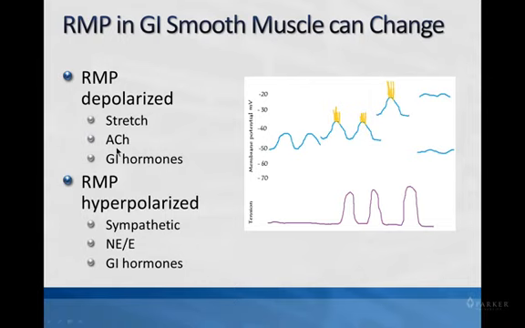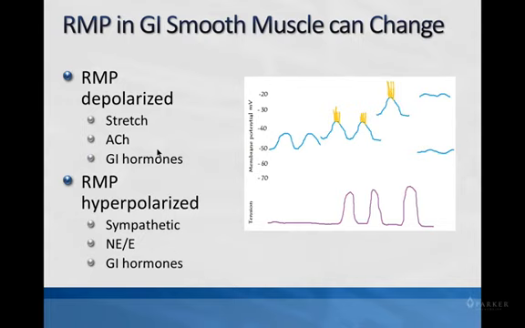That acetylcholine could be released from the parasympathetic nervous system, so parasympathetic nervous system stimulation, as well as acetylcholine released by neurons of the enteric nervous system. So the enteric nervous system could be using acetylcholine as a neurotransmitter, as well as the autonomic nervous system, and specifically the parasympathetic branch.